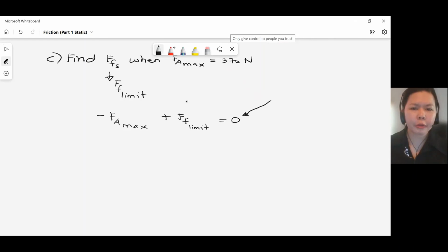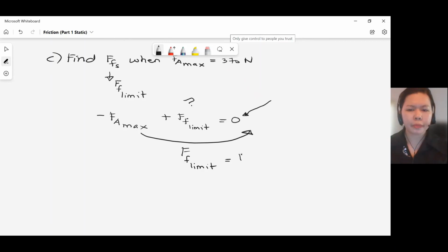So solving now for this, again we transpose negative Fa max to the right. We have FF limit is equal to Fa max. And Fa max, the maximum force before the object starts to move, is 370 newtons.